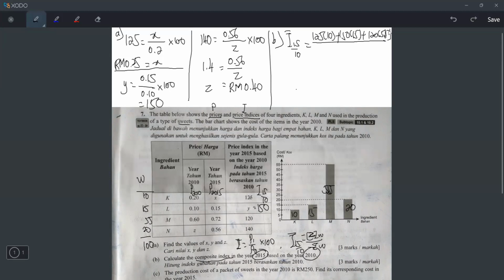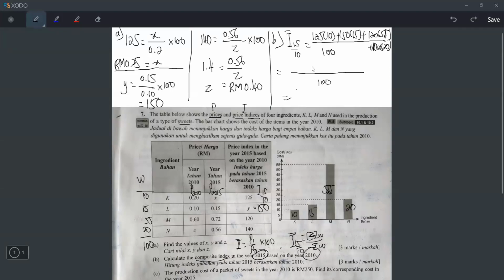So over 100 here, and then I press the calculator: 125 times 10 plus 150 times 15 plus 120 times 55 plus 140 times 20.